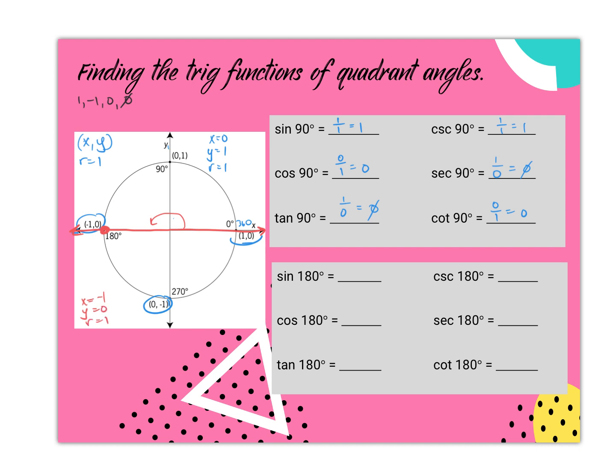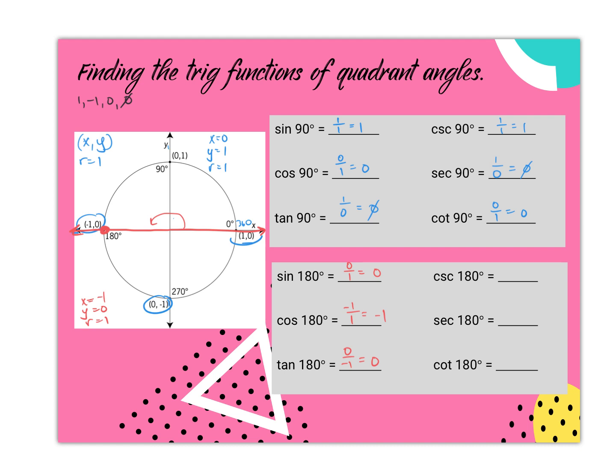So now I'm going to do my sine. Sine is y over r, 0 over 1, which is just 0. Cosine is x over r, so -1 over 1, which is -1. Tangent of 180 degrees is y over x, so 0 over -1, which is 0.